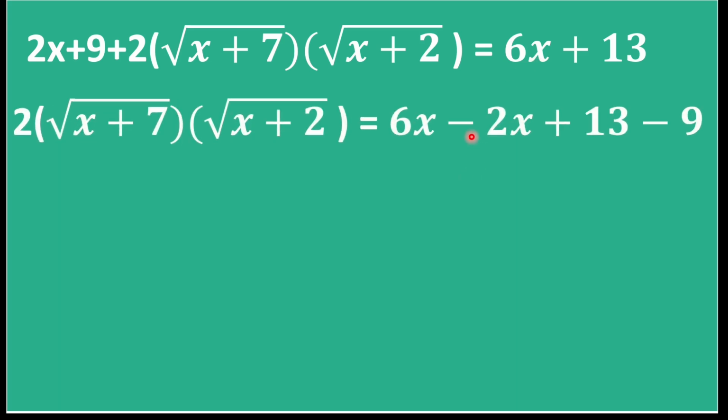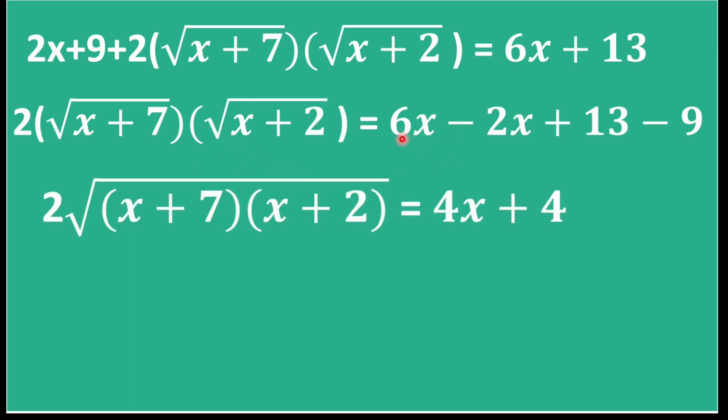So this equation will become 6x minus 2x and plus 13 minus 9. So now this 6x minus 2x equal to 4x, and plus 13 minus 9 equal to plus 4, and this whole value.